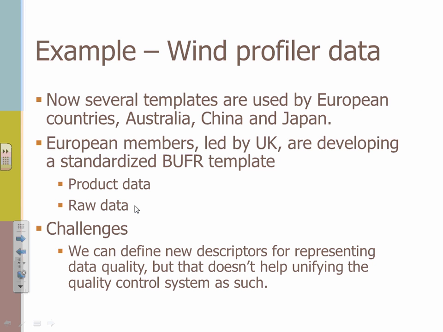The real challenge is to have a unified quality control system that people can trust, where quality control is done in a standardized way. In developing a BUFR template, we try to unify data quality control information, but we also need to think about how to unify the quality control itself. It's not the data representation, but the unification of the observation or data processing quality control system.